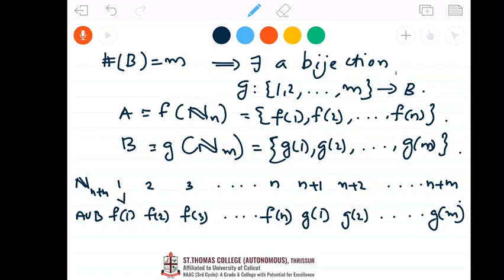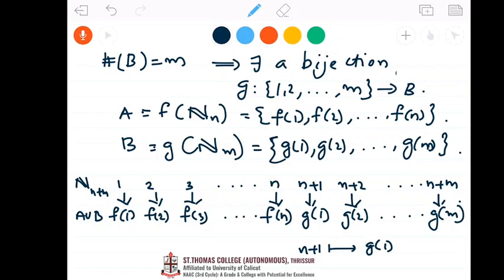So I am mapping 1 to f of 1, 2 to f of 2, 3 to f of 3, etc., n to f of n. Now I am mapping n plus 1 to g of 1, n plus 2 to g of 2, etc., n plus m is mapped to g of m. So from the figure itself it is clear that this is a bijection.